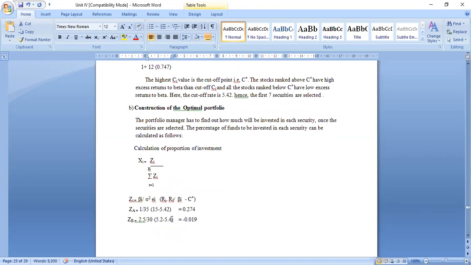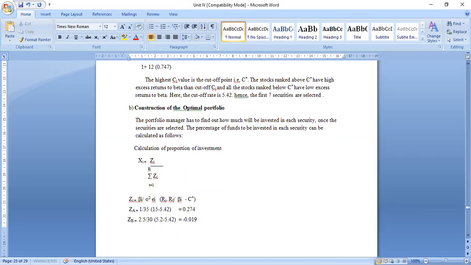So 5.2 minus 5.42, you will get a negative value here, that is minus 0.22. So here you get minus 0.018. Now whenever it is minus, it means you are going to have a negative value. So definitely at a later point when we are calculating the summation, the negative values will not be considered. So that care we have to take.